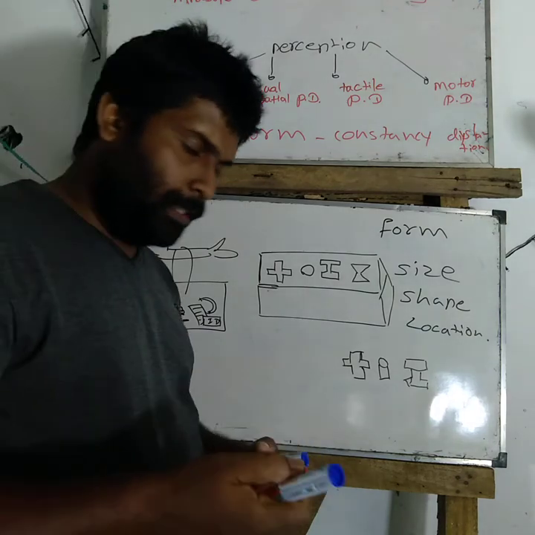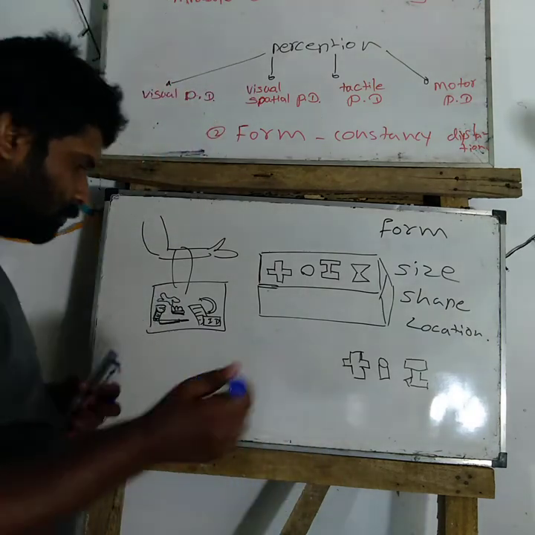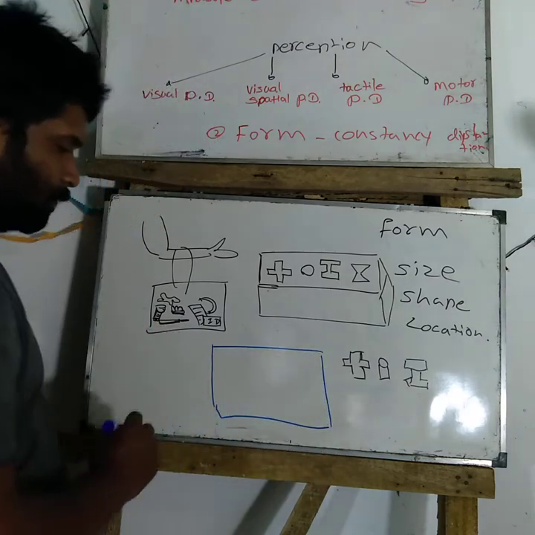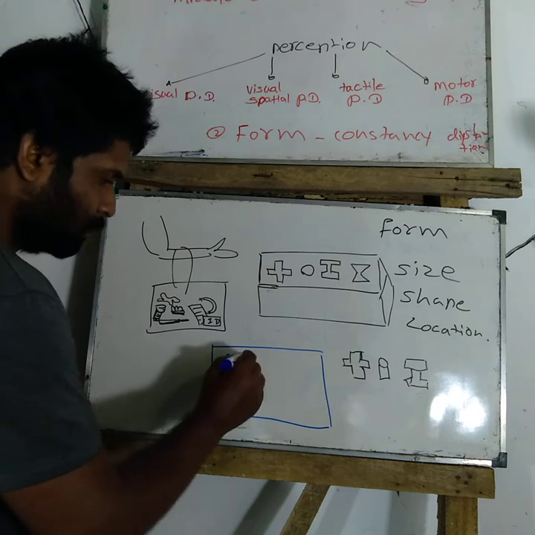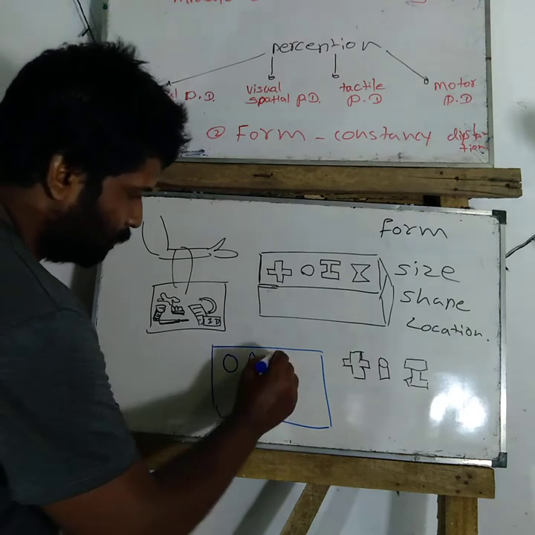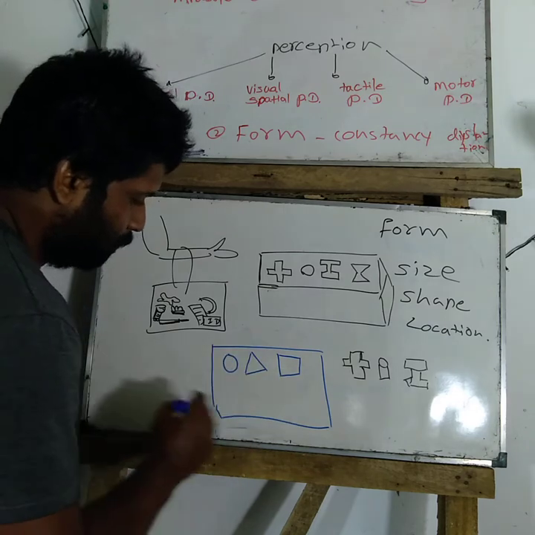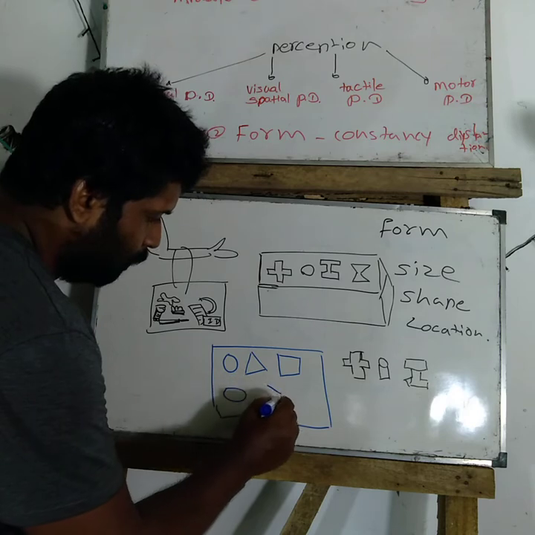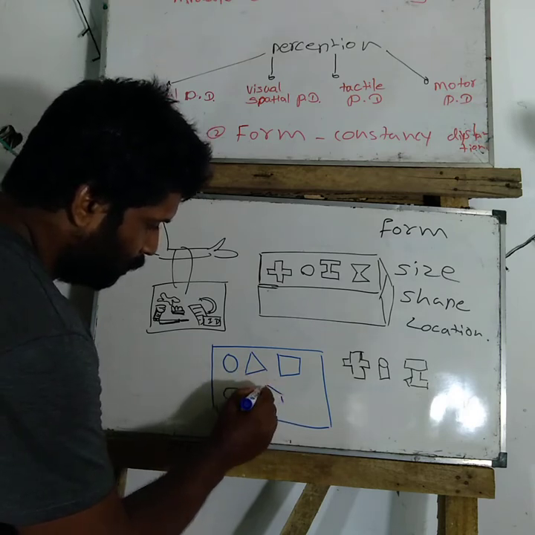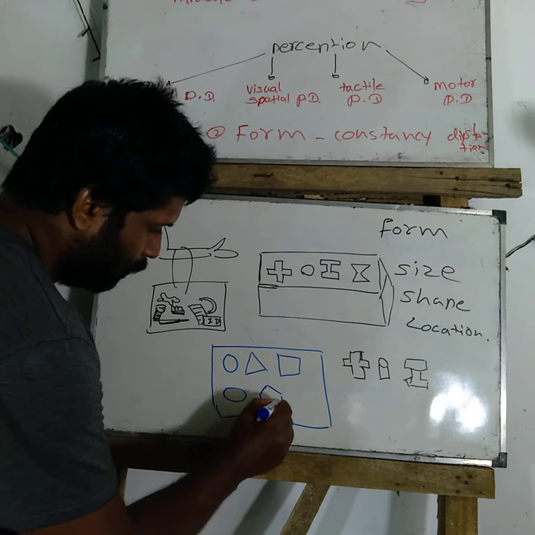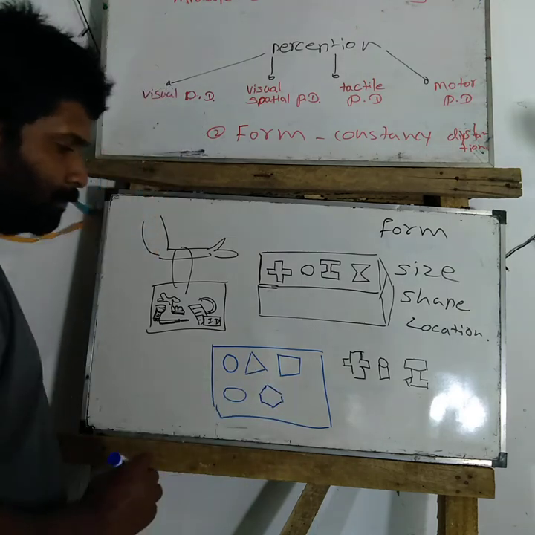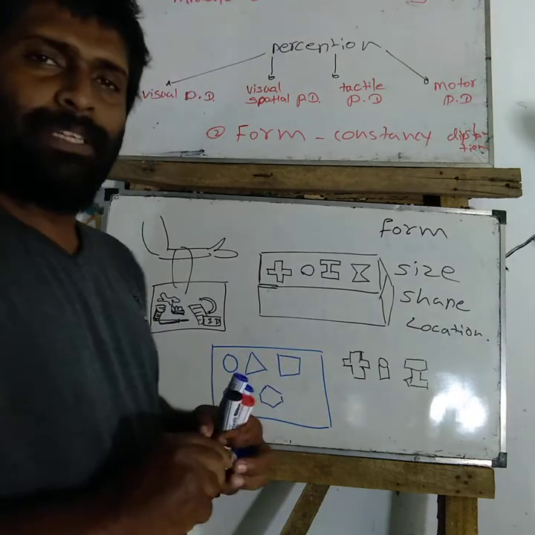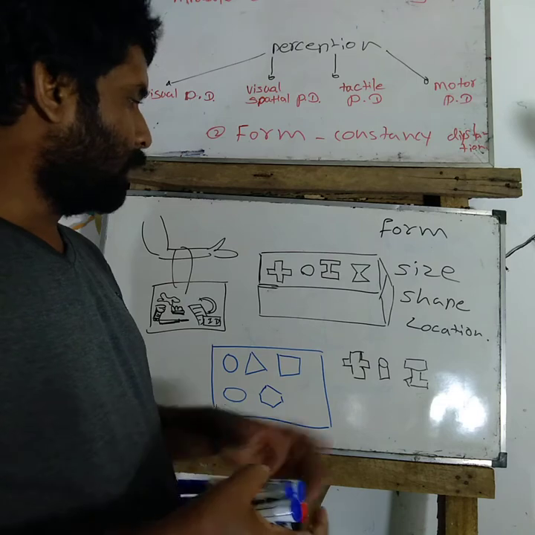Another one we are going to discuss is some form of shape identification. This is the round shape, triangular shape, rectangle shape, oval shape, diamond shape, hexagonal shape. Likewise, several shapes. These are 2D shapes. Several shapes they can't identify in this fashion.